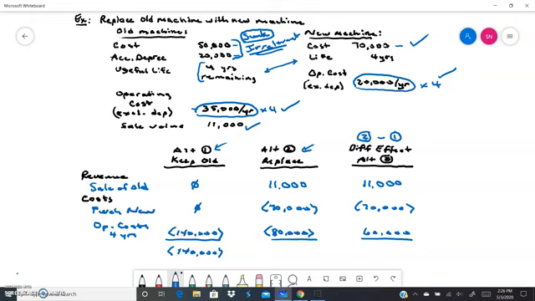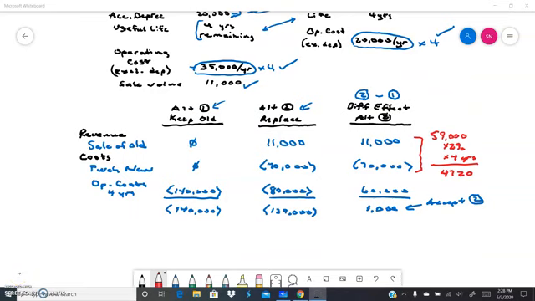Here we have 139 with the new machine. And if we add this up, we have a positive $1,000. And because that's positive, we would accept alternative 2. And so we would replace the equipment.